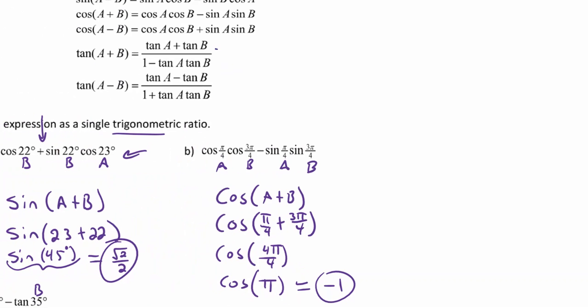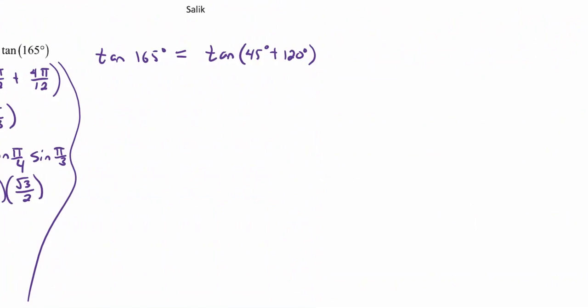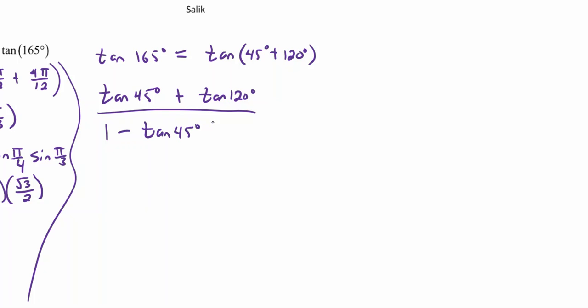Okay, so from here, this will turn into tan 45 degrees plus tan of 120 degrees, all over 1 minus tan 45 degrees times tan 120.